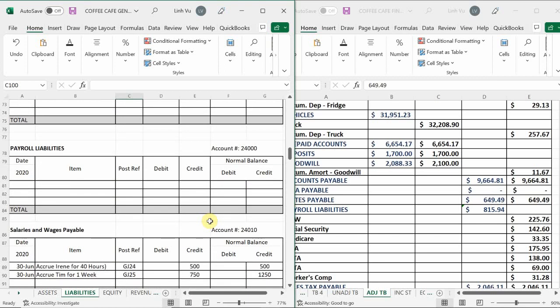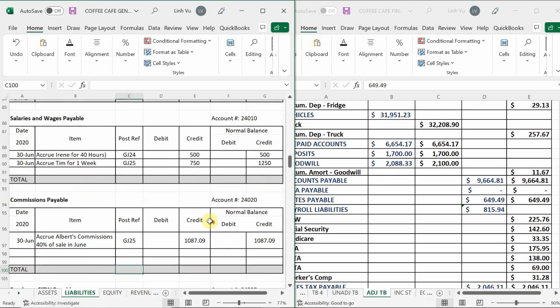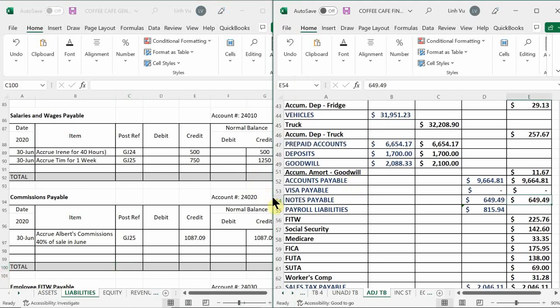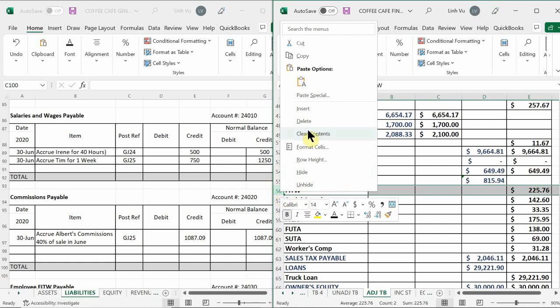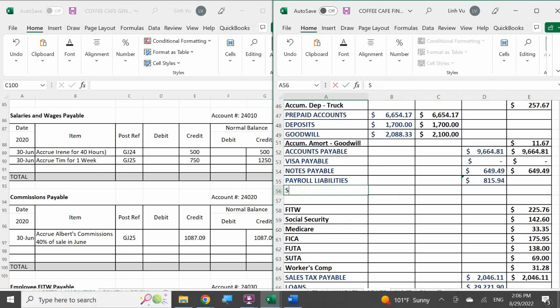Right. And now my total payroll liabilities. Well, we have to include 2 more accounts, right? We've got the salaries and wages payable, and we also have the commissions payable. So that's something I need to add into my payroll liabilities. Salaries and wages payable and commissions payable.